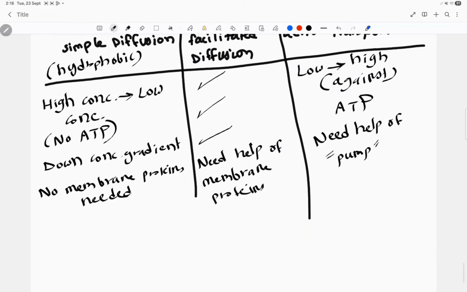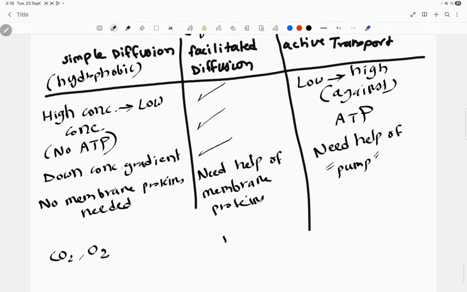So hydrophobic things like CO2, like O2, for example, and hydrophilic things like water, glucose, for example. If it's active transport, it's called a pump, like sodium potassium pump. The word pump means pumping things from the direction of low to high concentration.